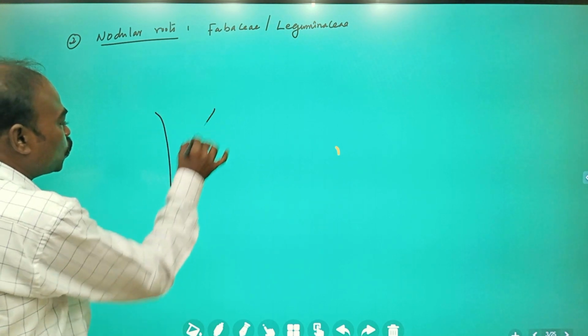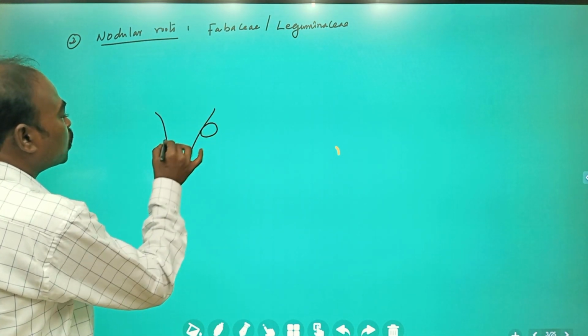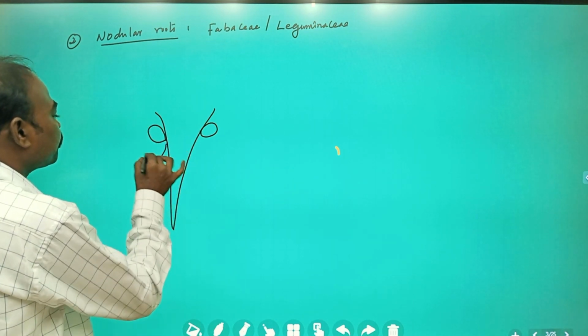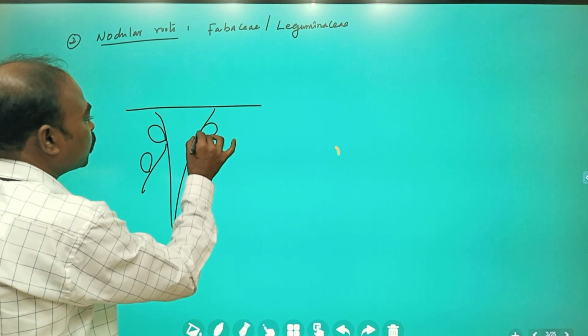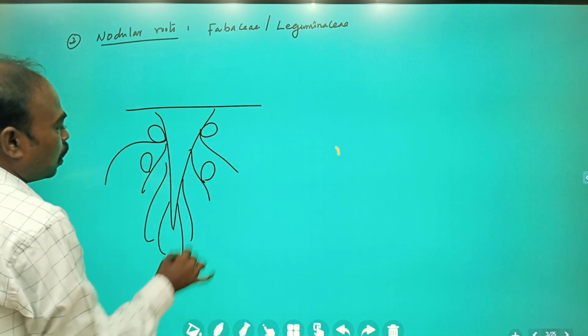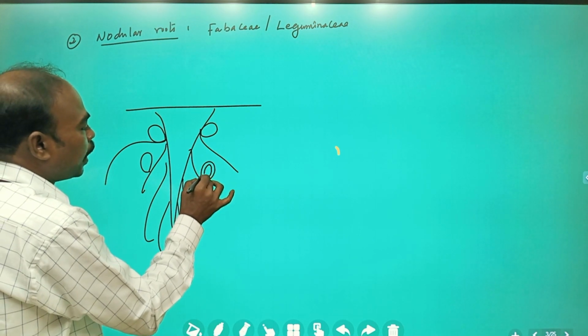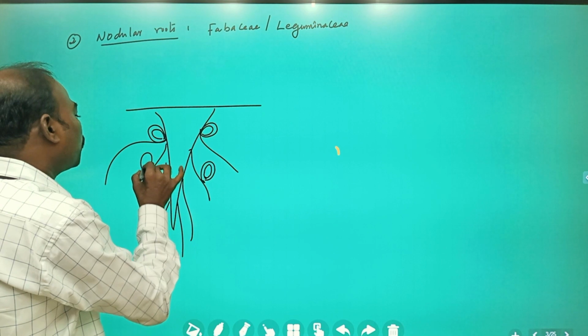In their taproots, small swellings or outgrowths are formed in the main root or branches. These pimple-like outgrowths, swellings, are called nodules.